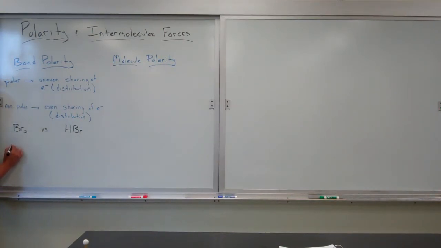Br2 looks like this. If we are talking about bond polarity, we are discussing, are the electrons that are shared between these two bromine atoms shared equally or unequally?